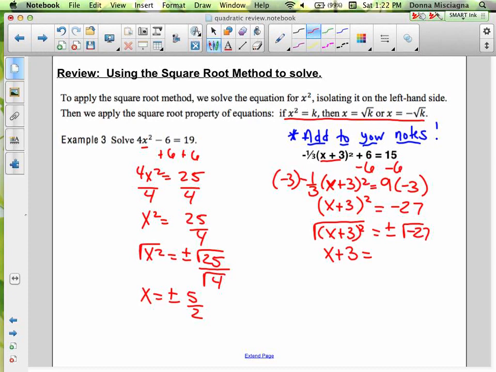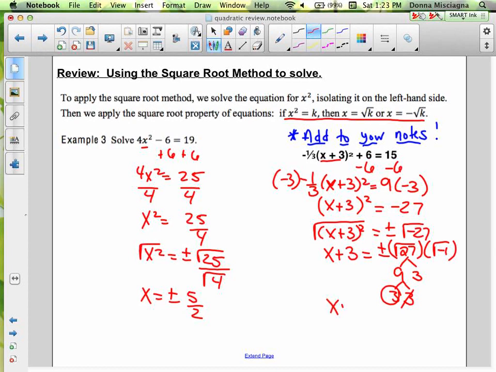I can think of this as the square root of 27 times the square root of negative 1. 27 is 9 times 3. 9 is 3 times 3. We have 3 3's, but unfortunately we only need 2. So 1 3 has to stay in radical prison because he doesn't have a buddy.